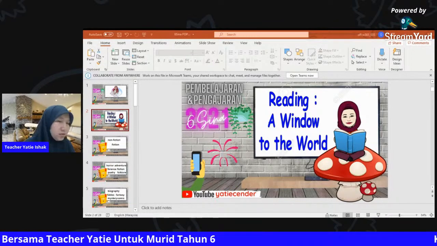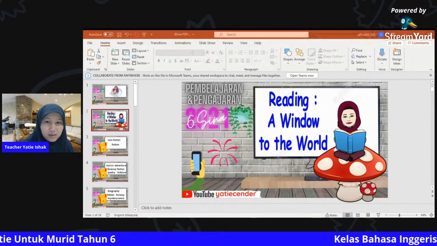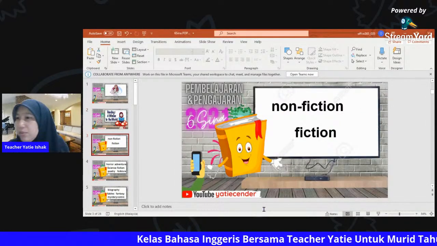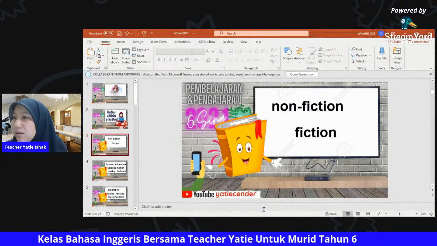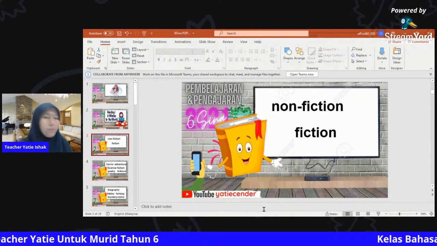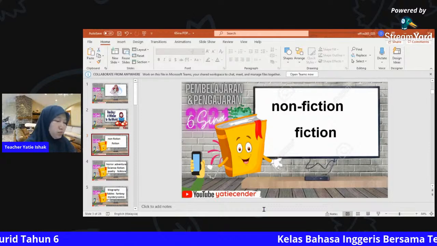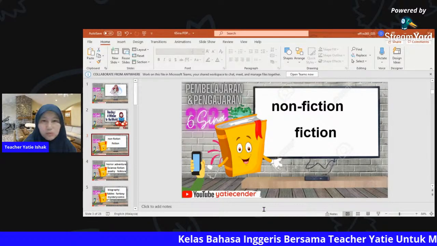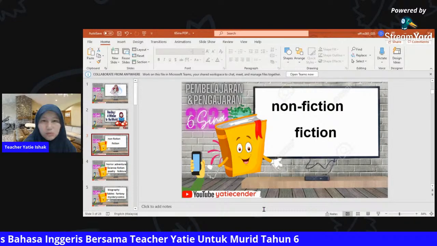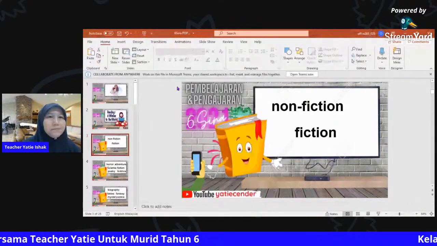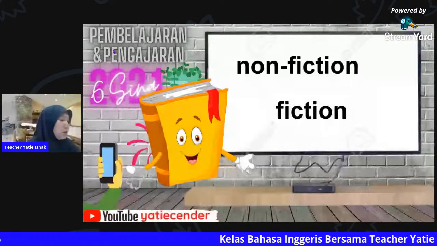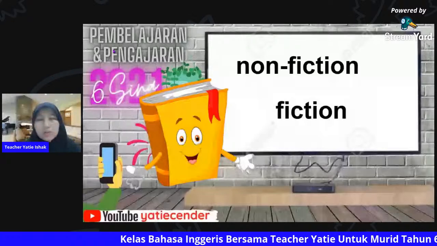So now let's look at the next slide, which is telling about the books. There are only 2 types of book. One, non-fiction, and another is fiction. So, what is non-fiction? Non-fiction is books that contain factual information.